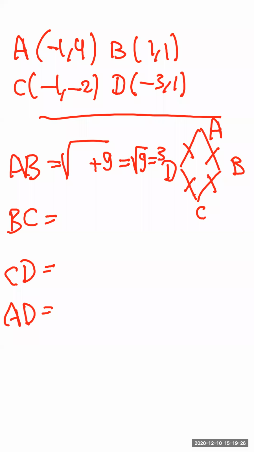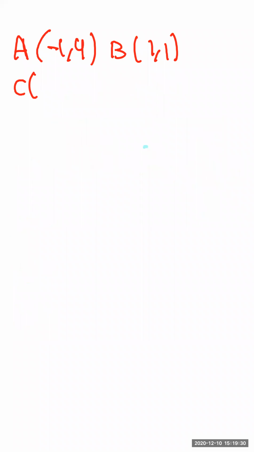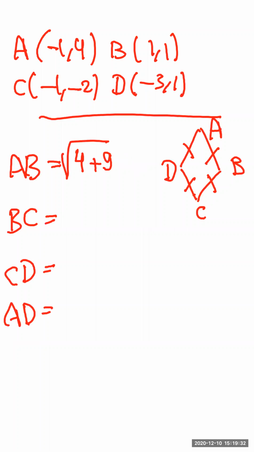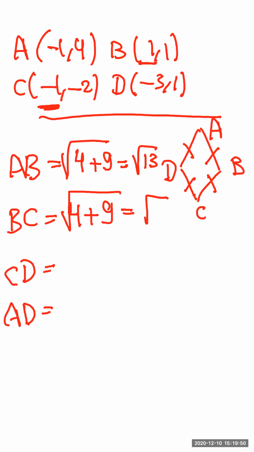It's 4. 2 squared, 4. So it will equal the square root of 13. Then the second one, BC: -1 minus 1, so -2. -2 squared means 4 plus -2 minus 1, -3 squared means 9. So also square root of 13.